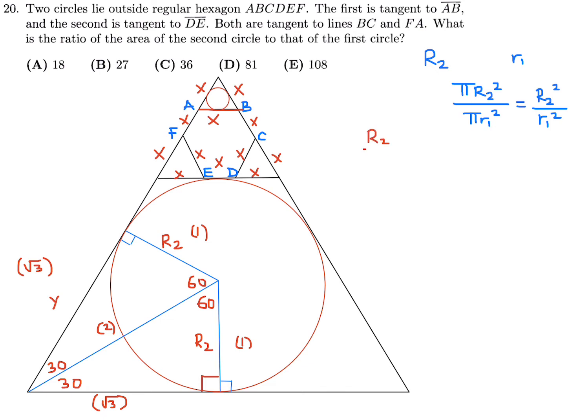So that means R2 over Y is equal to 1 over root 3. So that means Y is equal to root 3 R2. So I'll put that in here. Y is equal to root 3 R2.